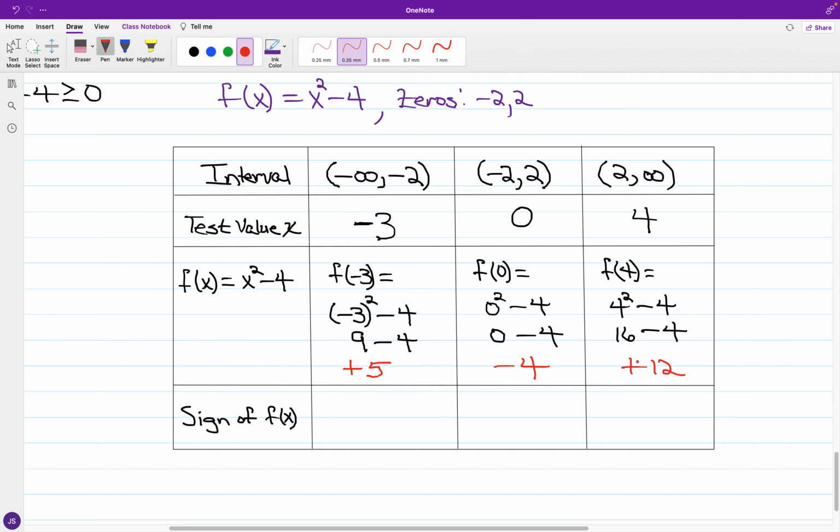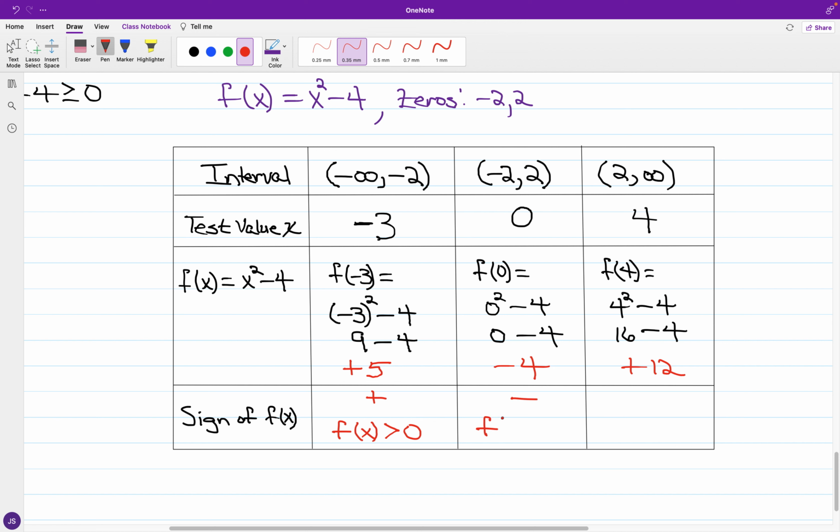Now for the sign of f of x: anything less than -2 we select for the input, the output is going to be positive. So with f of x as the output, if the output is positive, that means f of x is greater than 0. If, on the other hand, I select anything greater than -2 but less than +2 for x, the output is going to be negative, just like 0 for the input leads to a -4 for the output.